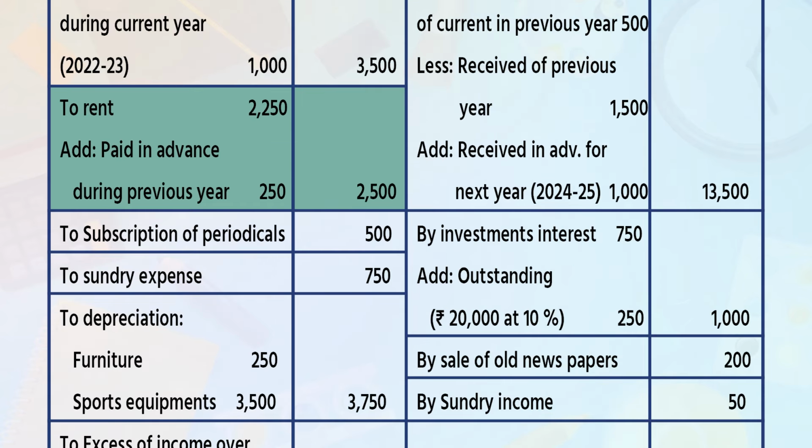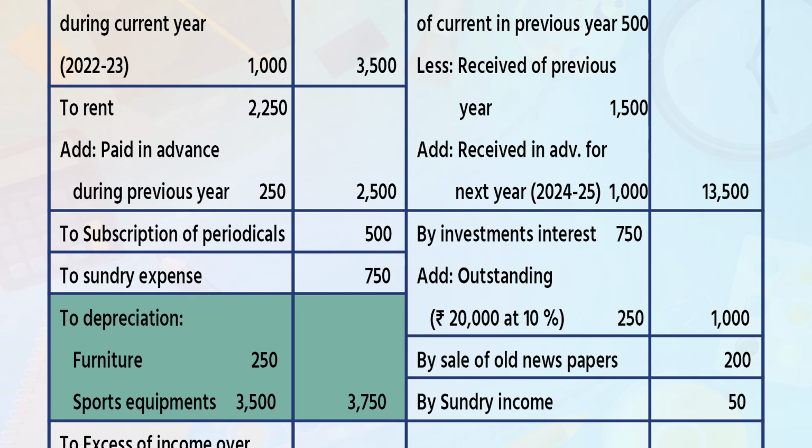Next it is rent. Again in inner column we write down the amount, that is 2,250. Then add paid in advance during previous year, that is rupees 250. So in the outer column 2,500. Next, subscription of periodicals, that is 500. Sundry expense 750.